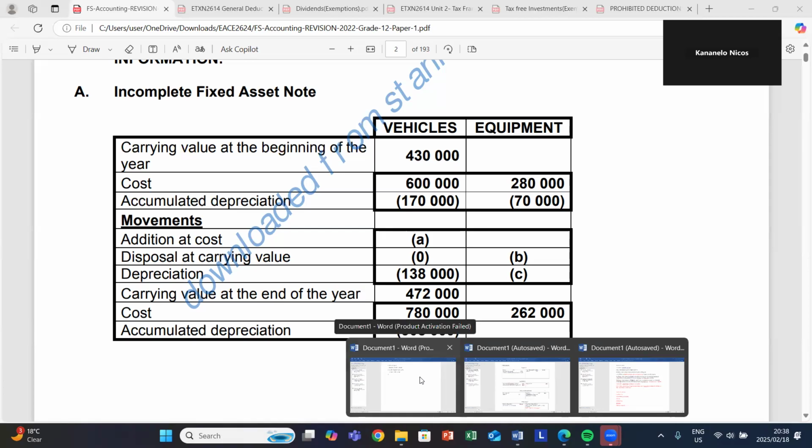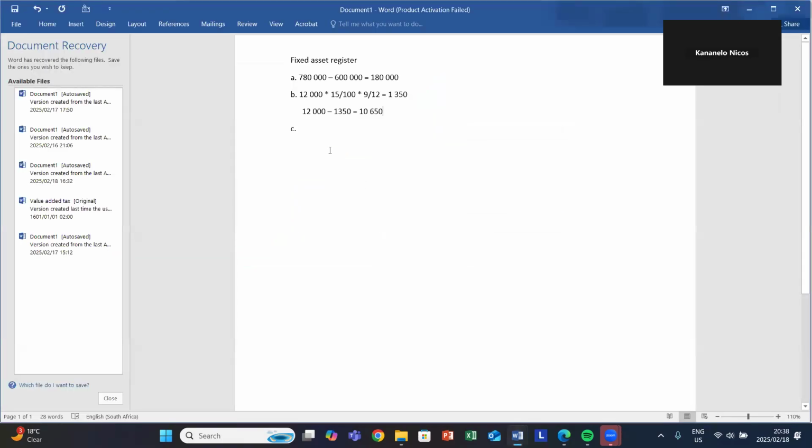Let's go to C. C there is your depreciation. Remember with regards to depreciation, I said it's going to be three steps. You start by writing bought or new, meaning you calculate the depreciation for the asset that you bought.